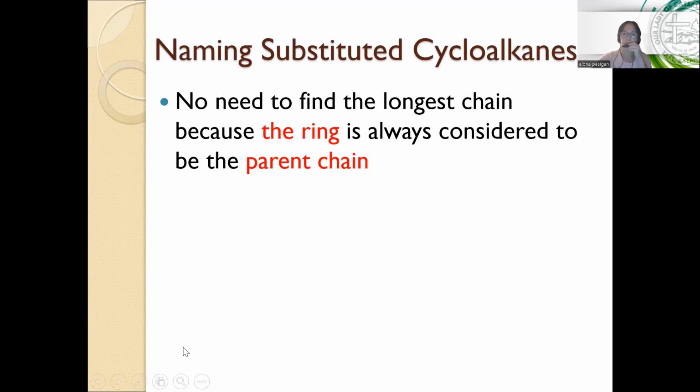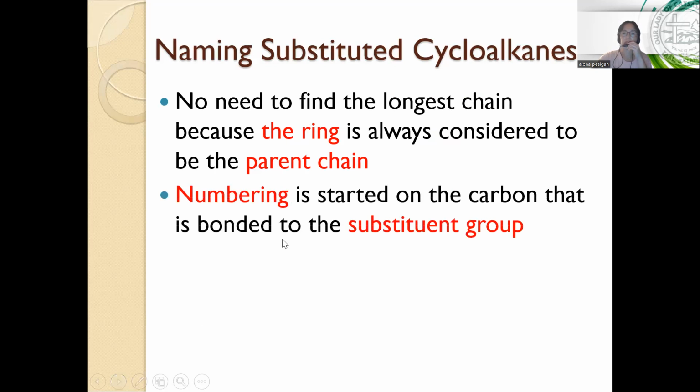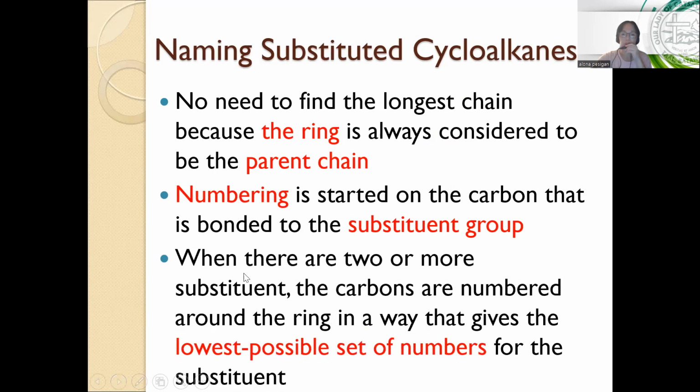Numbering starts on the carbon that is bonded to the substituent. But take note, when there are 2 or more substituents, the carbons are numbered around the ring in a way that gives the lowest possible set of numbers for the substituents.